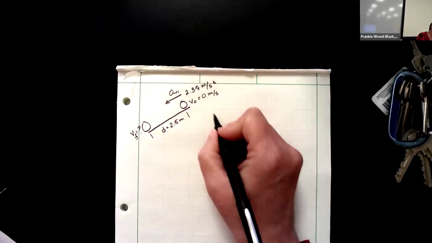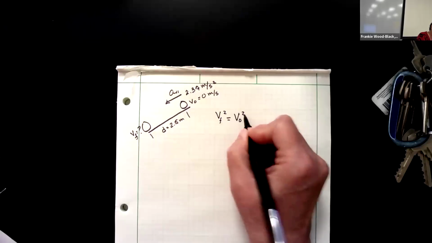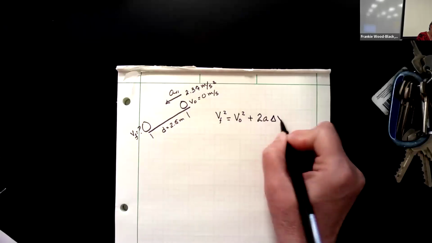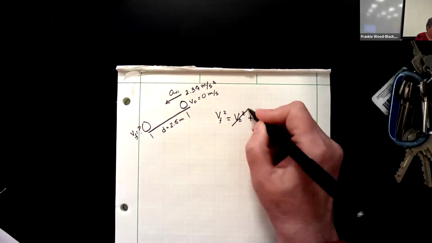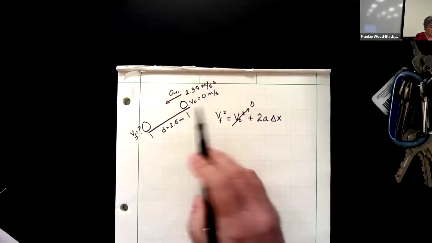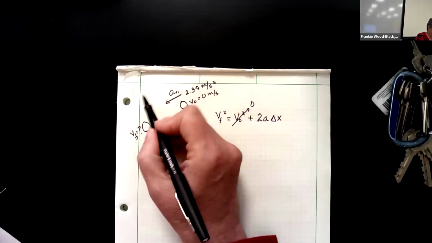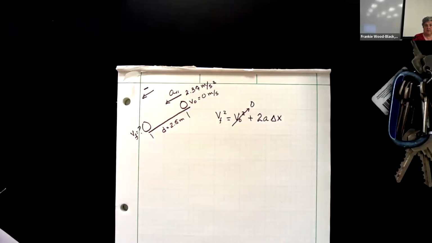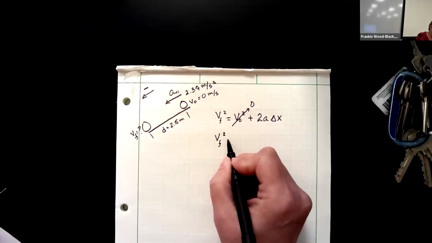So now I'm just going to do V final squared is equal to V initial squared plus 2 times my acceleration times my change in position. This term is 0 because 0 squared is 0. We're also going to say that that direction is negative, so I want to check everything to make sure my direction is negative.